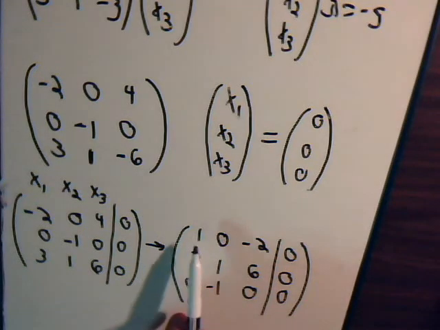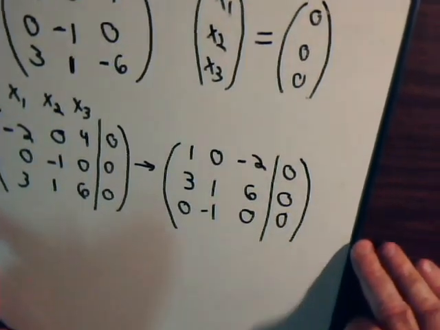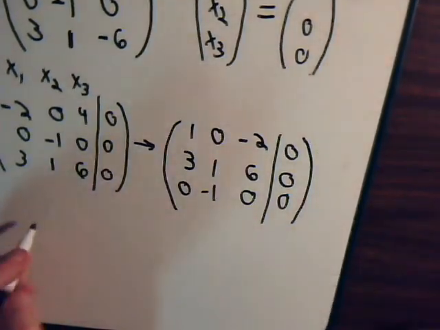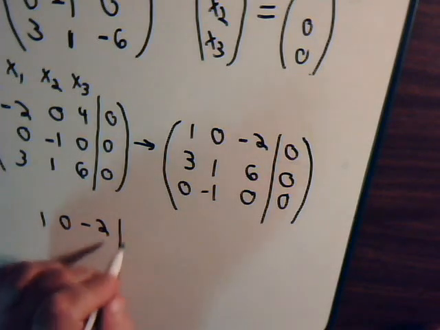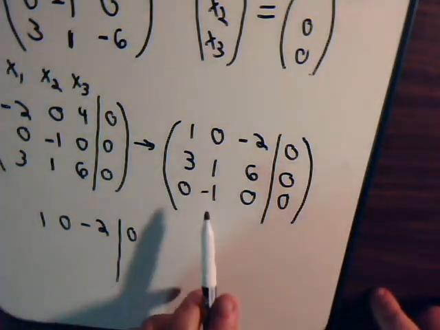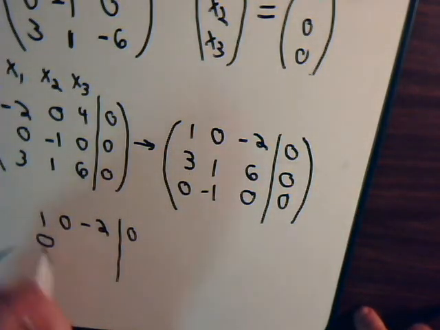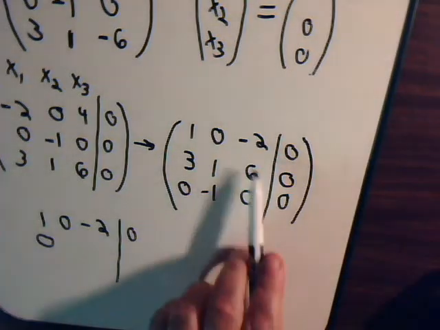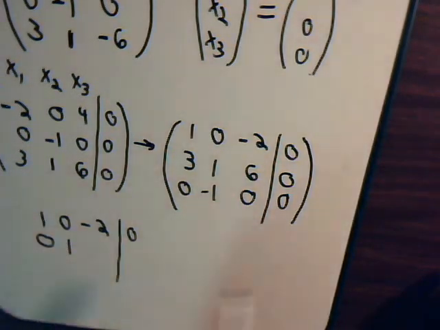Now if we multiply this by negative 3 and add it to this row, what do we get? So the first row doesn't change. Negative 3 plus 3 is 0. And times 0, 0, that stays as 1.